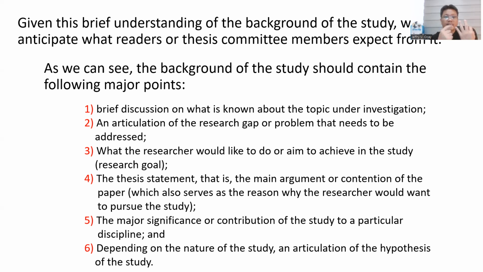Second, what is the main goal of the research? What is the aim of the researcher? And third, what is the main argument, the rationale behind the conduct of the research? Some researchers would say the compelling reasons why there is a need to pursue this research.